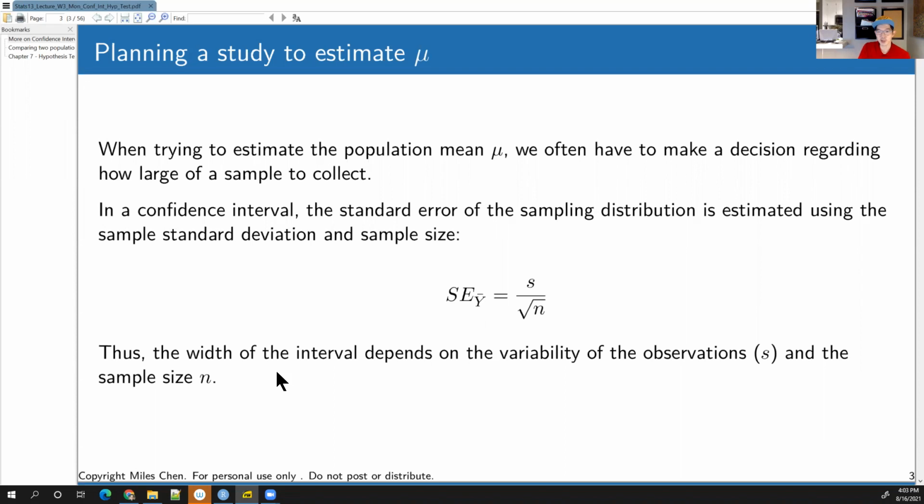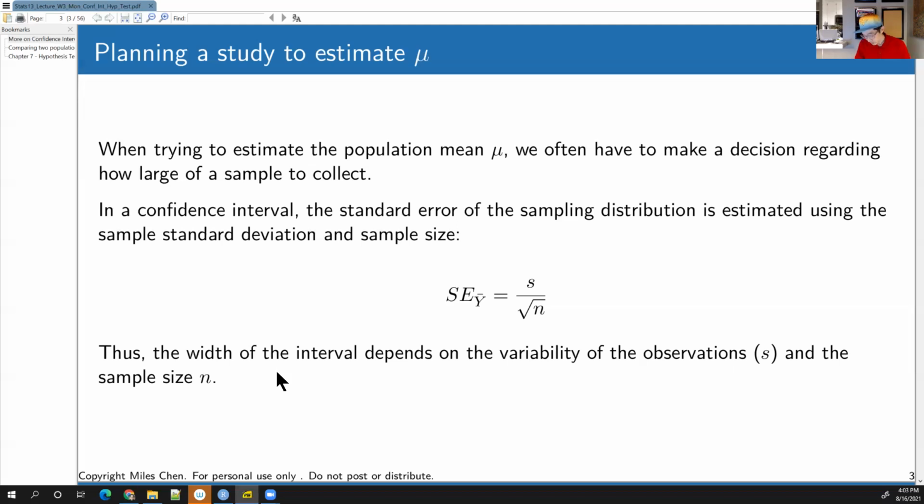Because 45% with a margin of error of 15% means the true number could be anywhere from 30 to 60%, which is a huge swing, right? It's a huge difference between 30% support and 60% support.